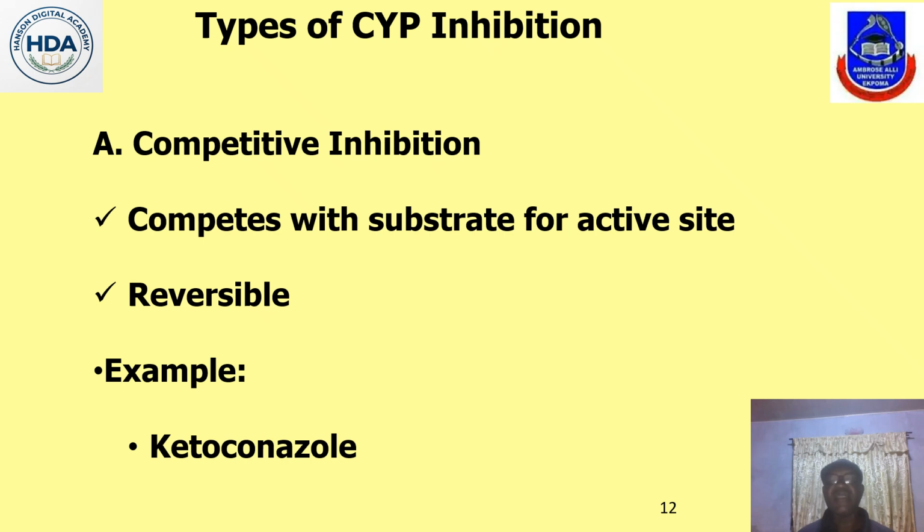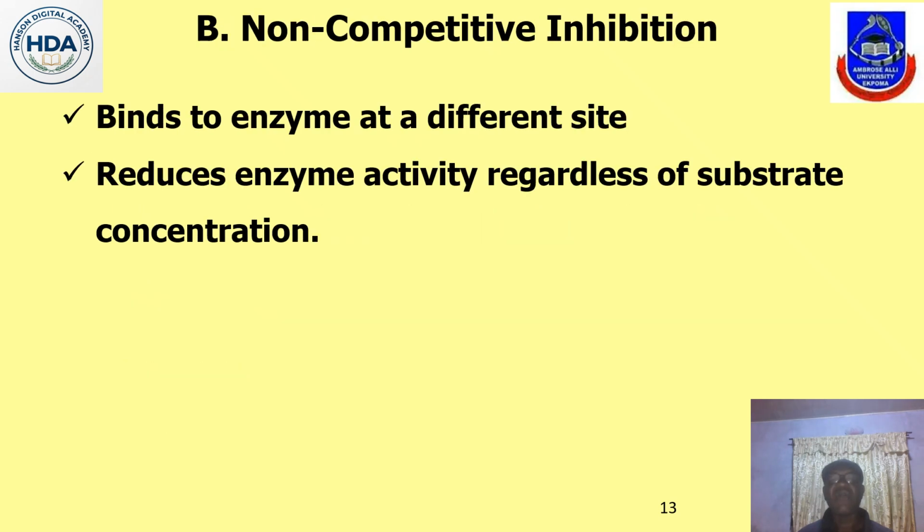You are familiar with this from BCH 301 of our general biochemistry. We have non-competitive inhibition. This is where the inhibitor binds to the enzyme at a different site from the substrate. Now, this reduces enzyme activity regardless of substrate concentration.